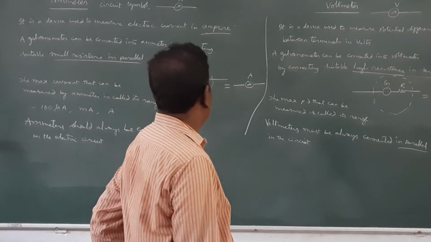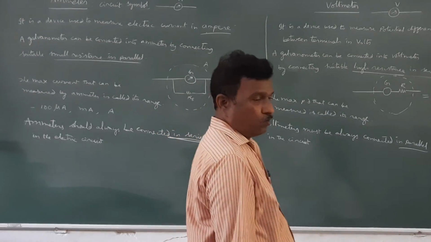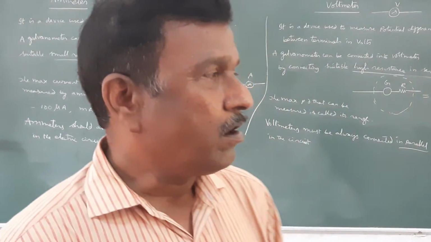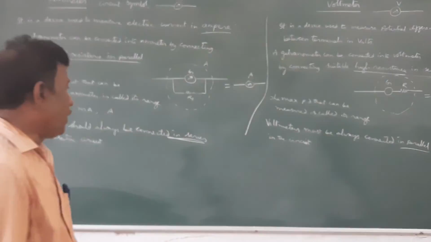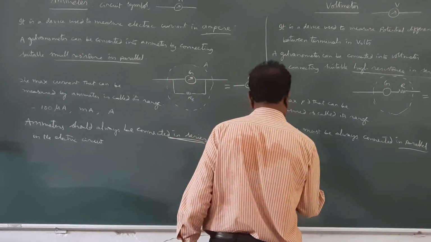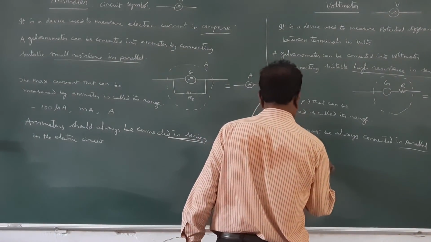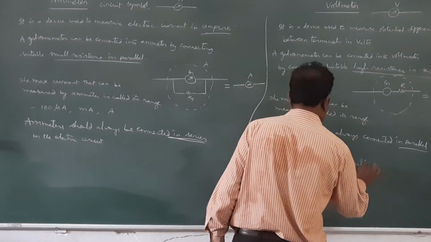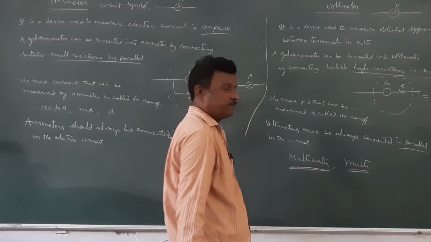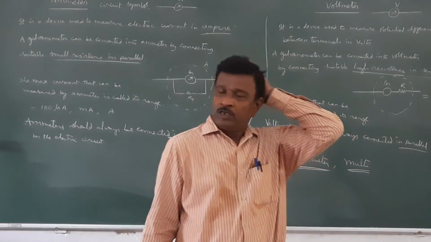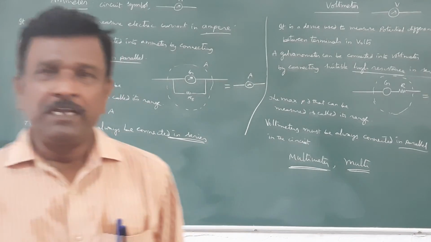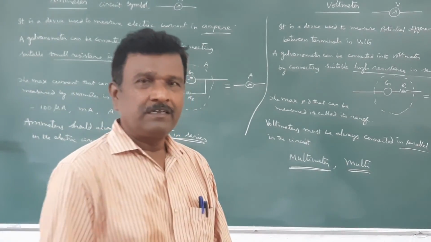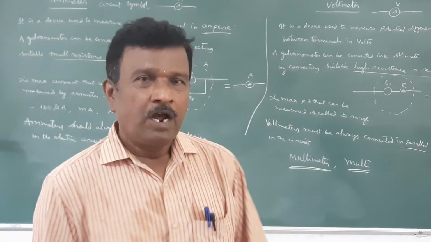So, these are about the ammeter, voltmeter and galvanometer. And there is another device called the multimeter. What is multi? It is multi-purpose. With this multimeter, you can measure current, voltage, resistance, even capacitance, and so on.